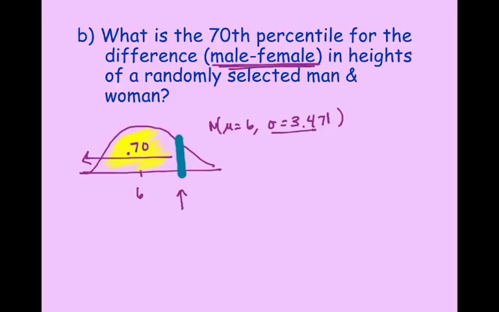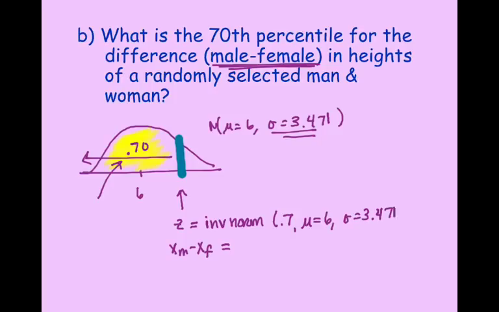Now, sigma is known here. We're using a normal curve, so I'm going to find the value on the curve, which represents the height of a man minus the height of a female. We know that we have a normal distribution and we know the area on our normal distribution, so we're going to calculate an inverse normal. The area below that point is 0.7 for my 70th percentile, with a mean of 6 and a standard deviation of 3.471.